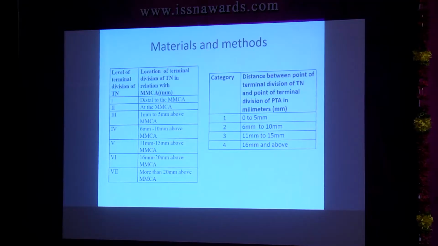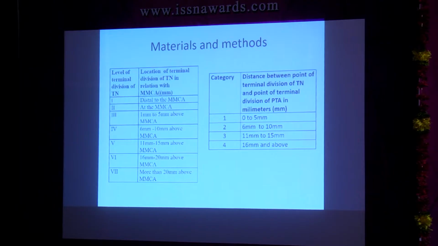In addition, we also developed 2 methods where we divided the point of location of the tibial nerve into 7 categories or 7 levels, and one more where we try to understand exactly the distance between the division of the tibial nerve and the posterior tibial artery. So we wanted to know the distance between the division of this nerve and the division of the posterior tibial artery. Next slide.